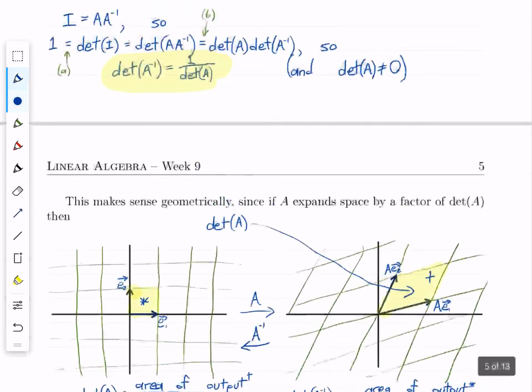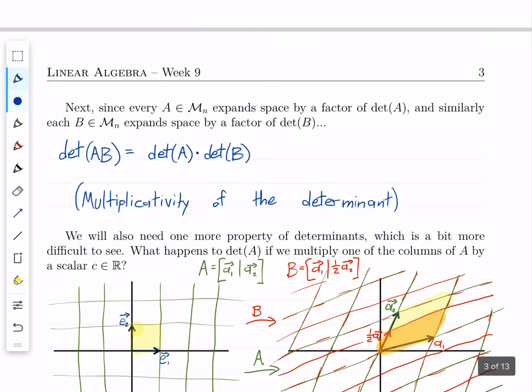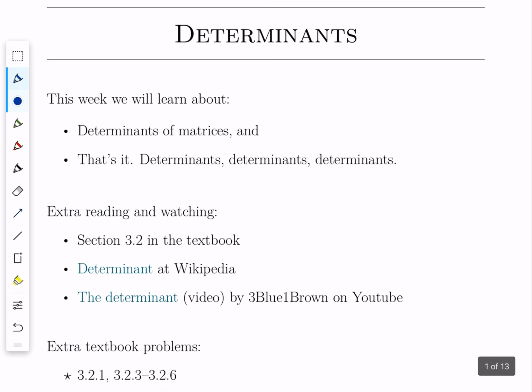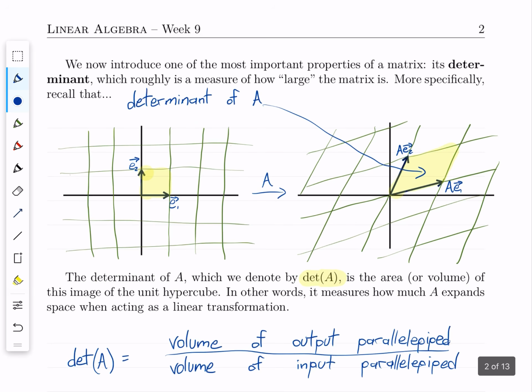We don't just think of determinants as measuring area, but actually, here I'm going to scroll back to the first page, they measure signed area, okay? And what we mean by that is they don't just measure how much space is expanded, but they also keep a record of whether or not the orientation of space was flipped, okay? So in the picture that I drew over here on the right, this matrix is not flipping the orientation of space, okay?